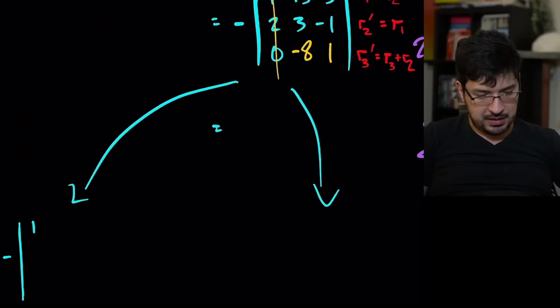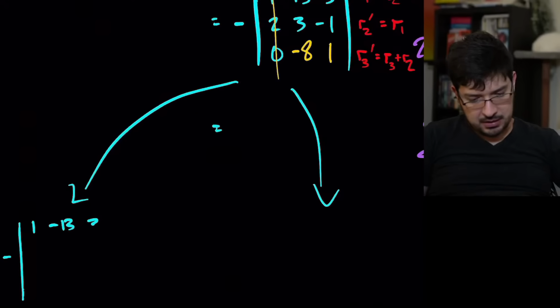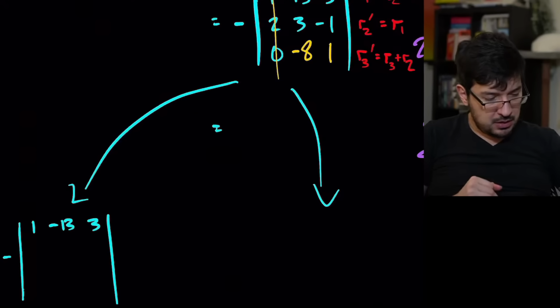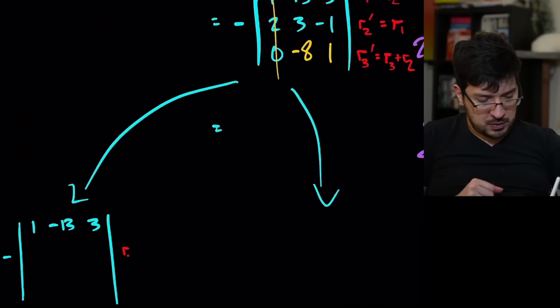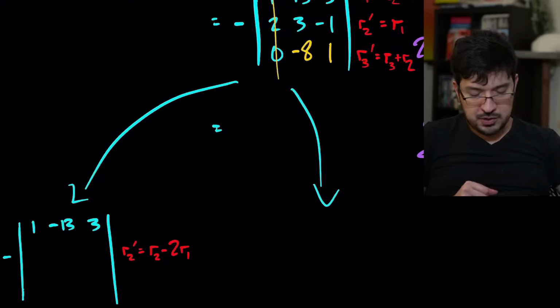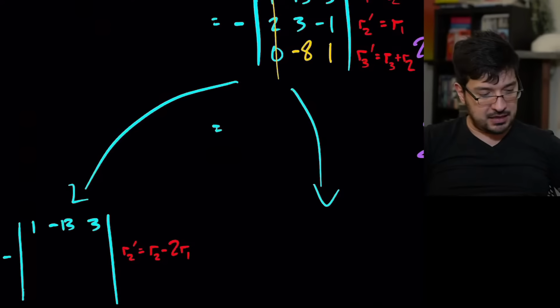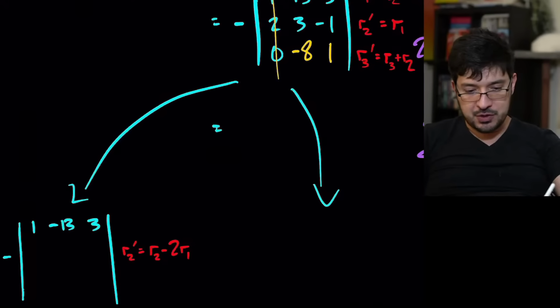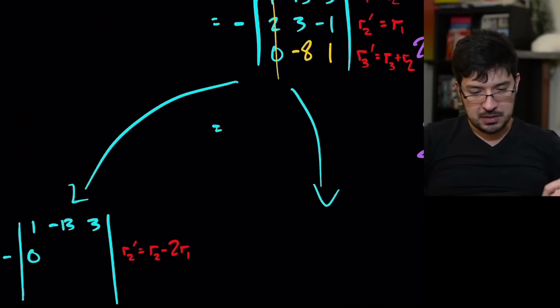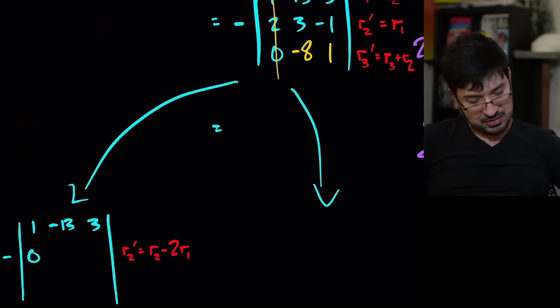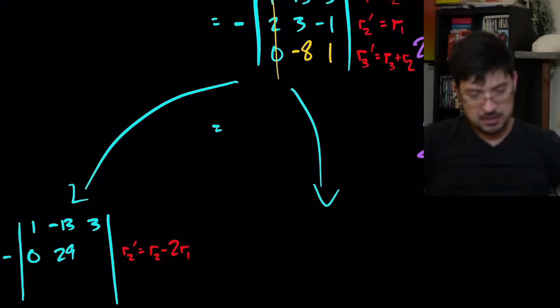So doing that property of adding rows to other rows, we could subtract 2 times the first row from the second, then I have 2 minus 2 is 0. 3 plus 26 is 29.